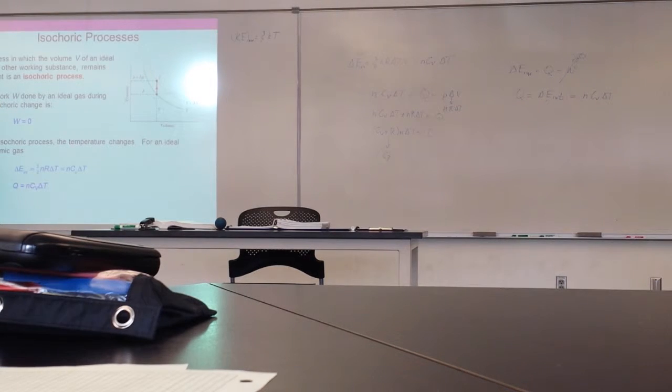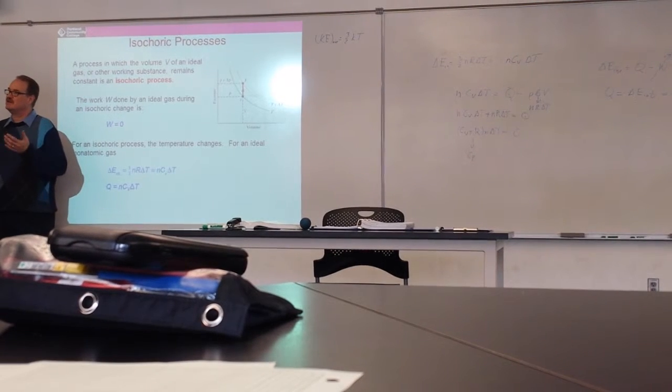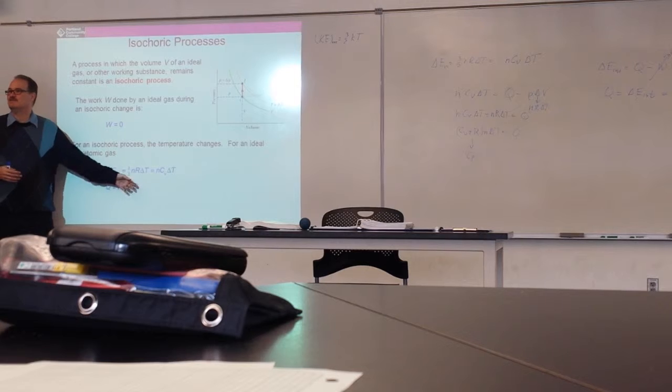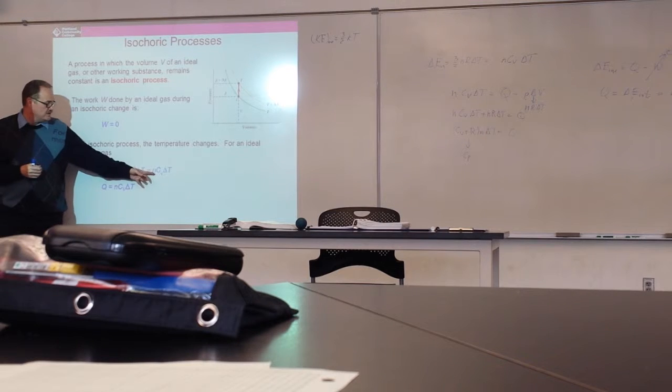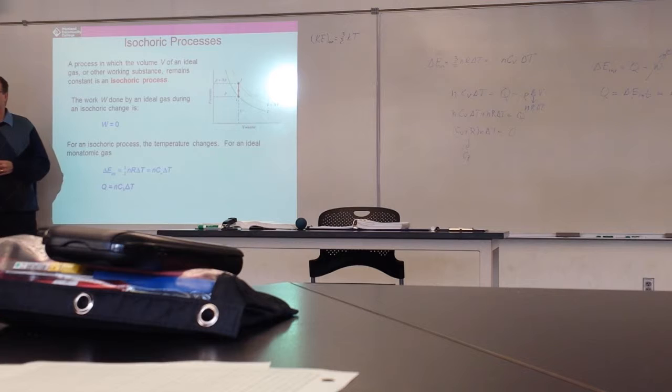For an isobaric process, which is done at constant pressure, Q is equal to n times the specific heat at constant pressure times the change in temperature. For an isochoric process, which is done at constant volume, Q equals n times the specific heat at constant volume times delta T. All makes sense. And the change in energy is always equal to n times the specific heat at constant volume times delta T.